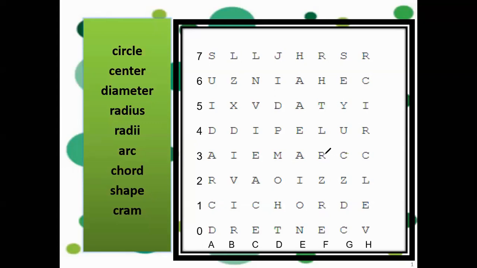So in order for you to tell me how to find the words, you must tell me where the word begins and where the word ends. Let's start off with circle.